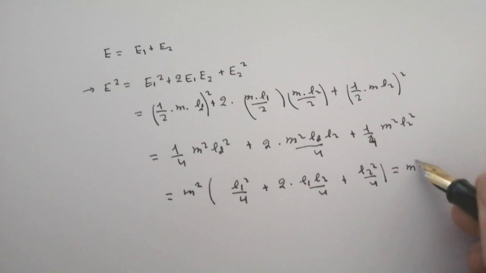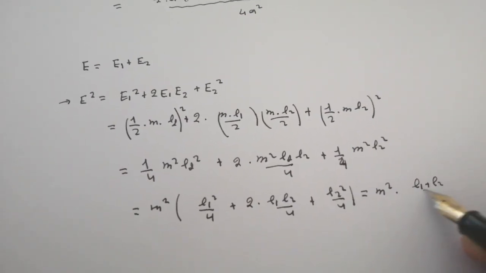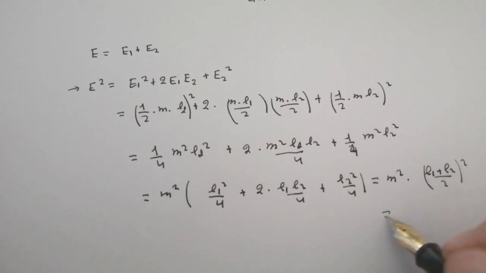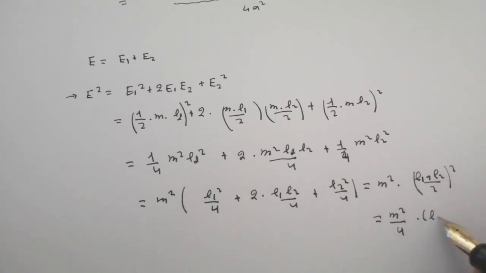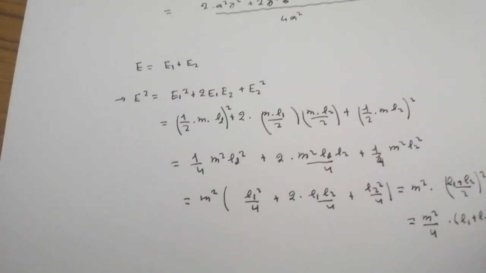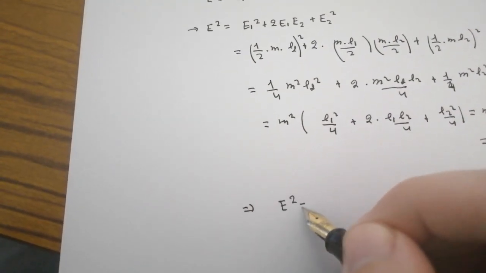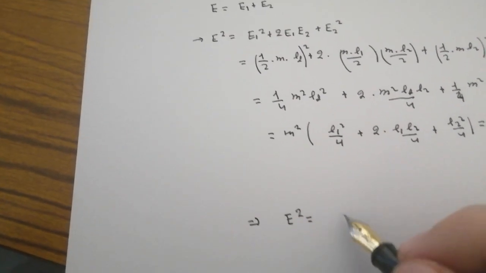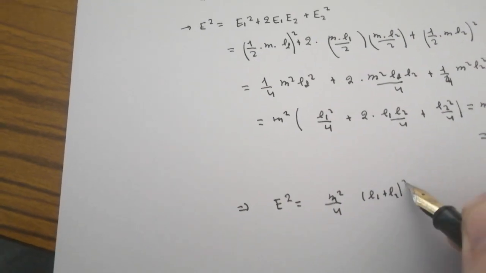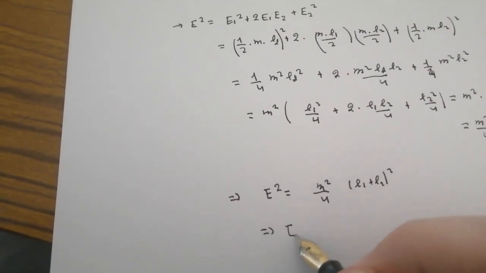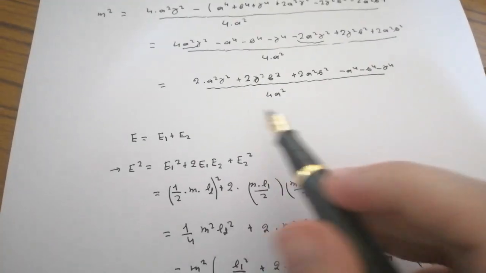So this is m squared times L1 plus L2 over 2, squared. So this is m squared over 4 times L1 plus L2, squared. So epsilon squared is m squared over 4 times L1 plus L2, squared. So this can be written as: m squared is given by this relation.